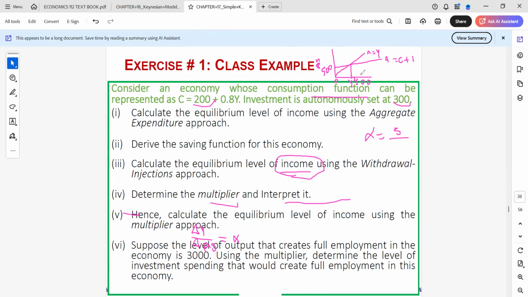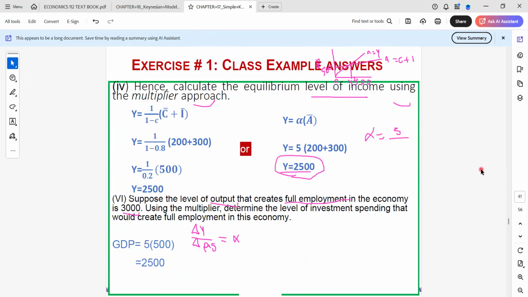So let me just take this and draw it on that side where we are doing our calculations. Okay, so this is the graph that we have so far.